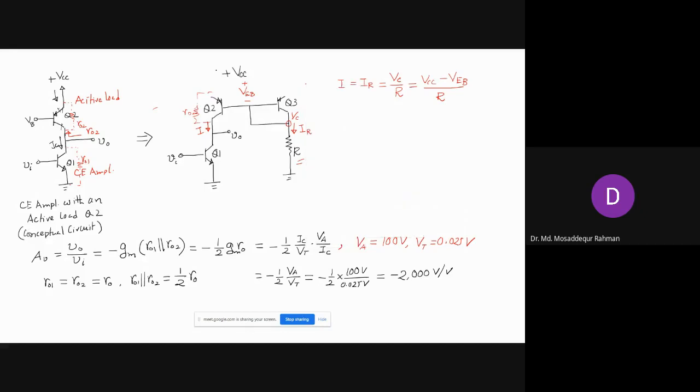To reduce the error due to the finite output resistance, you can add resistances in the emitter, RE and RD.